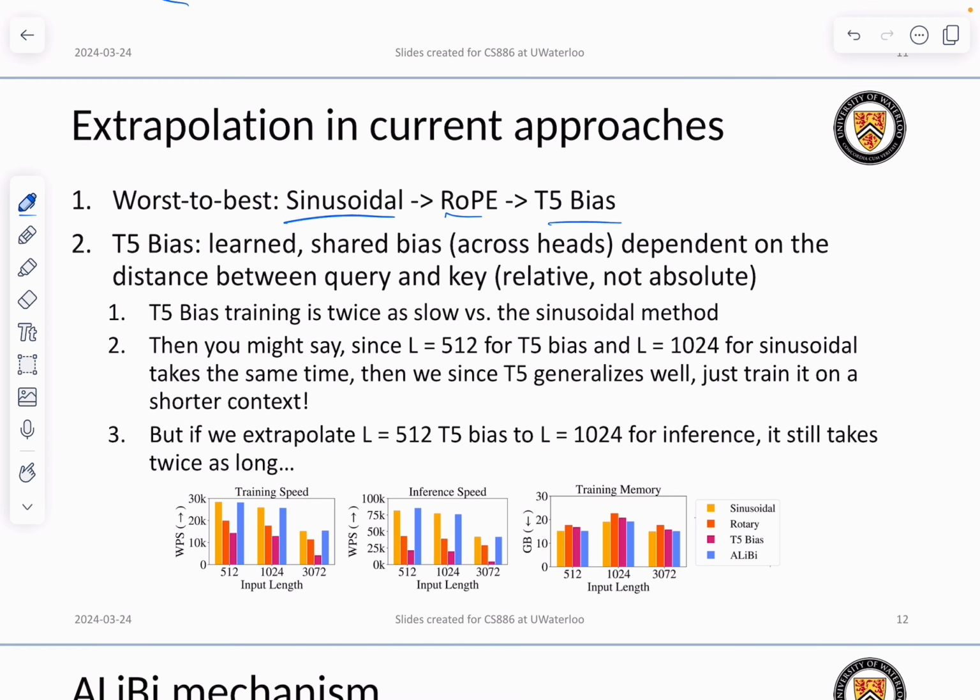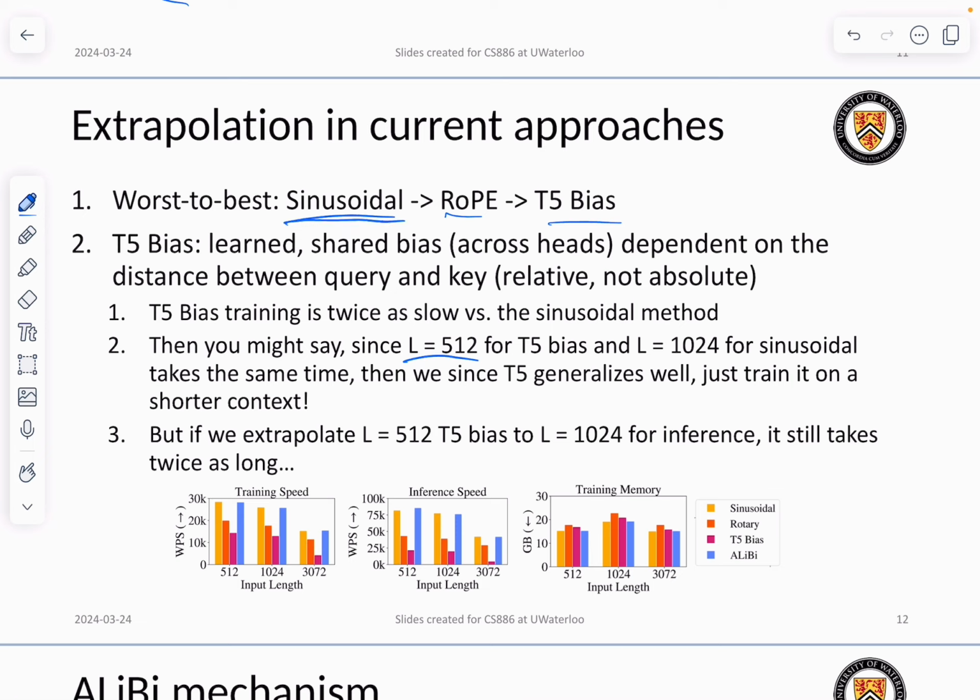And another idea is that we don't want to compare the exact context length that was fed in. Another argument is that this might not be a fair comparison, and what is actually fair is if we consider the amount of compute it takes, because sinusoidal is much lighter.